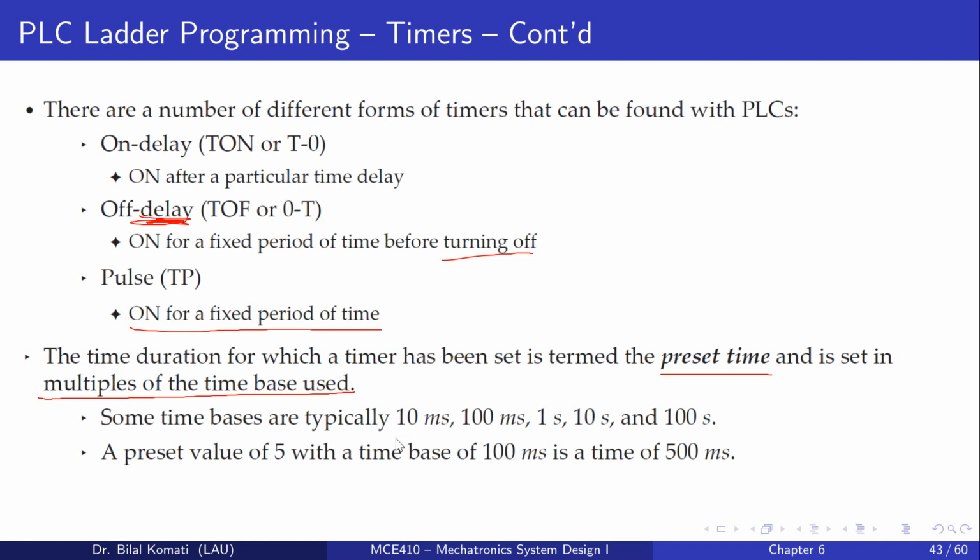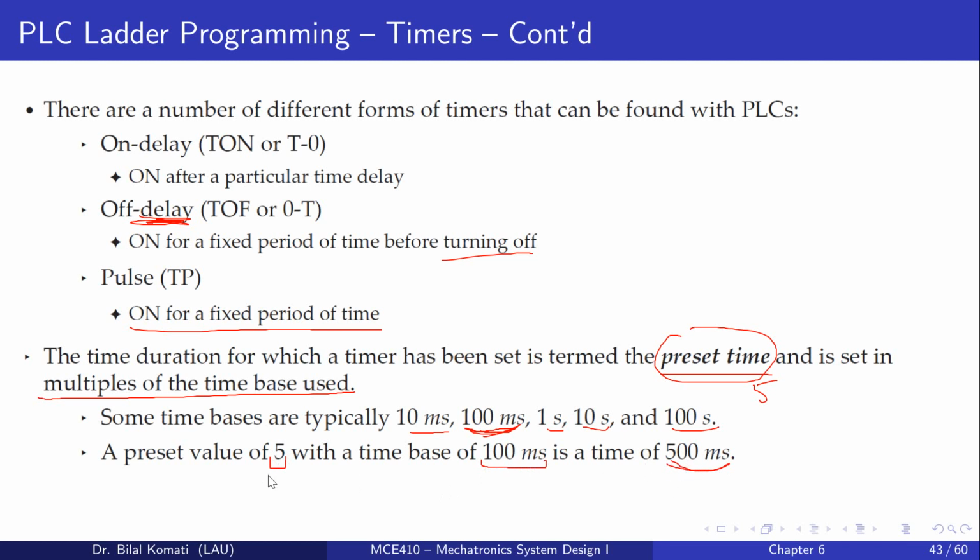Some time bases are typically 10 milliseconds, 100 milliseconds, 1 second, 10 seconds, 100 seconds, etc. So if we set the preset time value, for example, to 5, and the time base is 100 milliseconds, this means that the timer will be on or off, depending on the application, after 500 milliseconds. So we simply multiply the preset time by the time base to get the time.